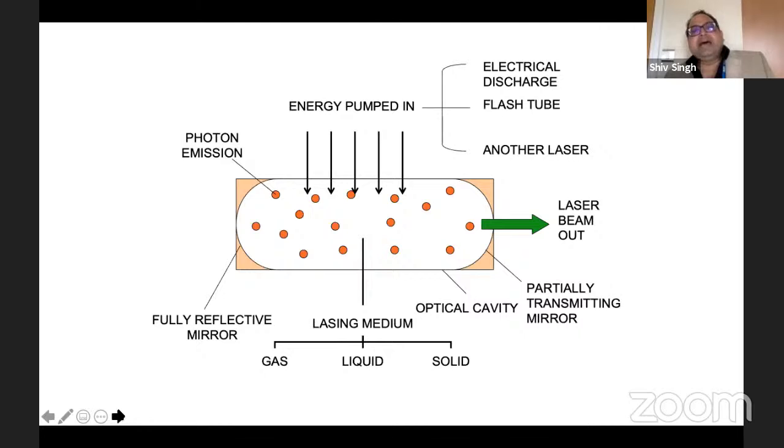And then we need to have an energy source which will activate the atoms. This energy can be supplied via an electrical discharge tube, a flash tube, or another laser. So it is about exciting the atoms and then hitting them again before they come back to the resting position. So that's how lasers are produced.